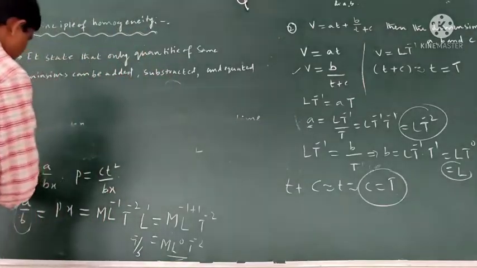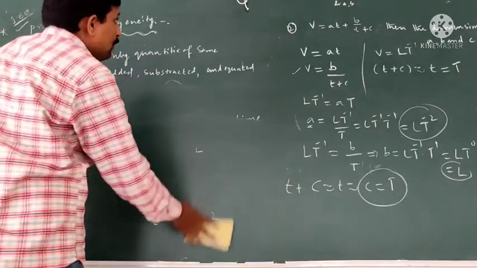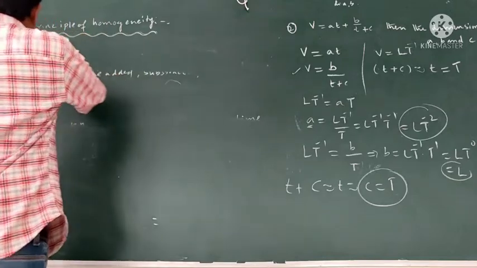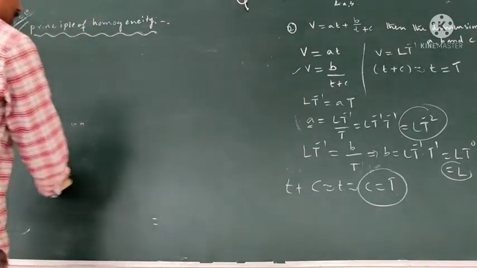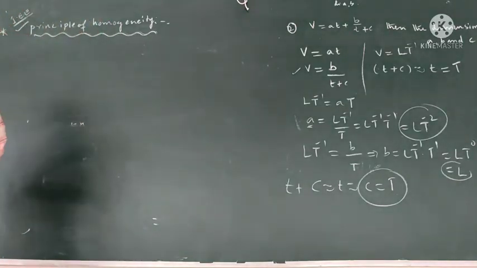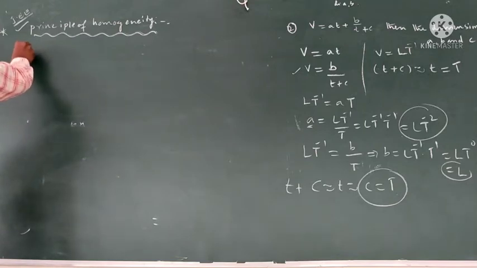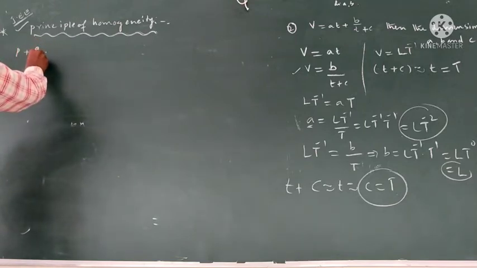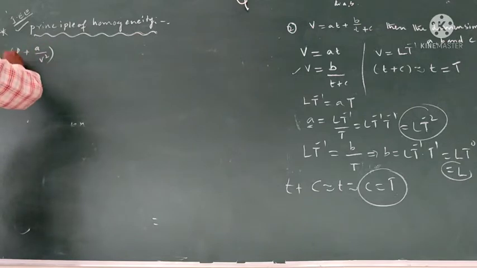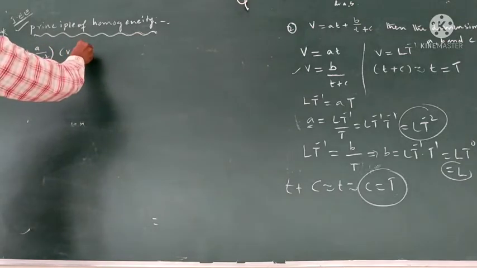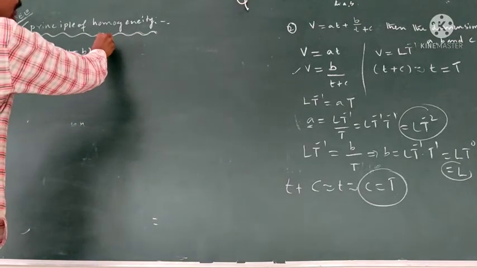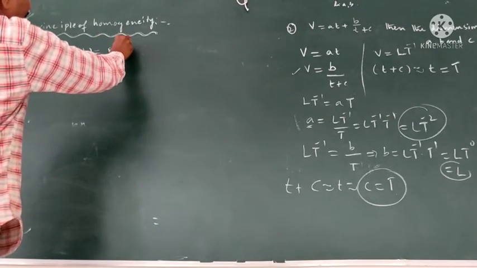The next one is the van der Waals equation. According to the van der Waals equation, (P plus a by V squared) into (V minus b) is equal to nRT. This is the van der Waals equation.